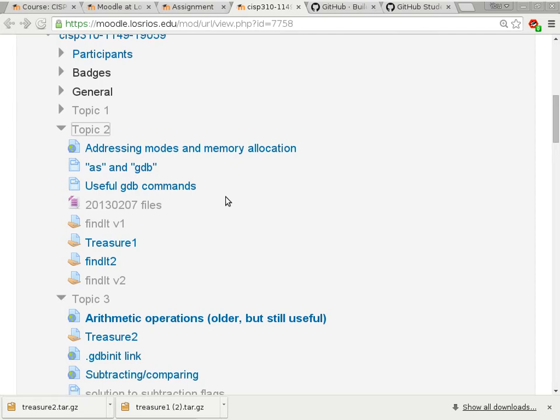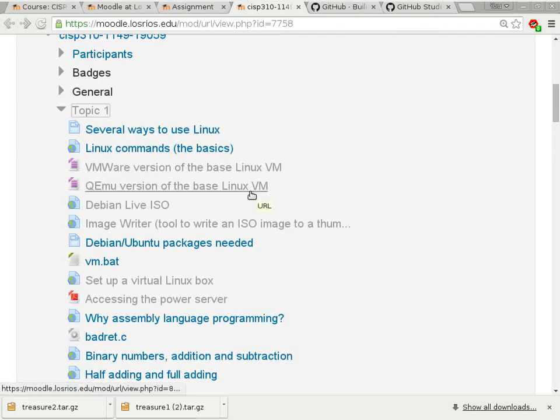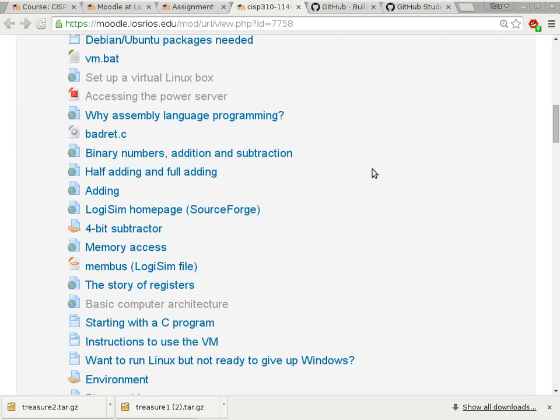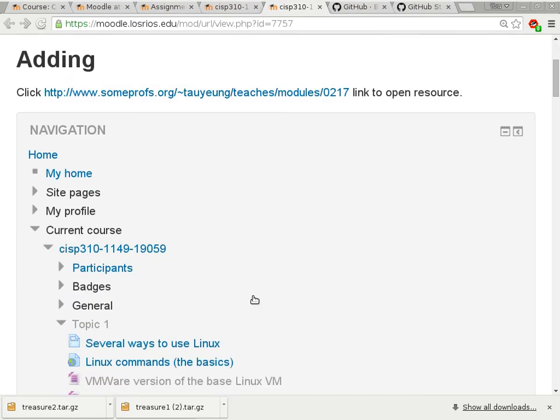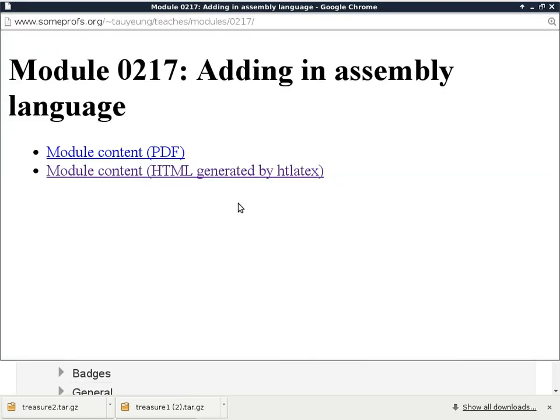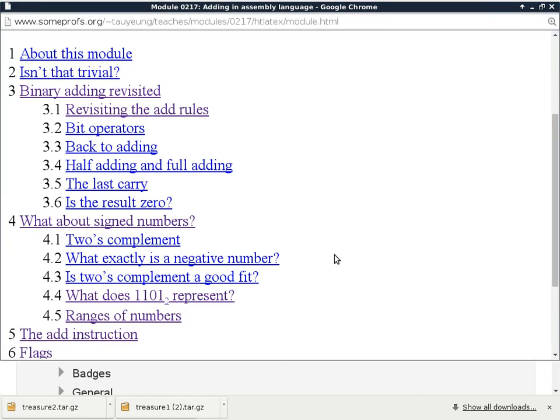So we talked about the add instruction in topic 1, or just binary addition. Let's take a look at this one. All right. So this is the one that we talked about.